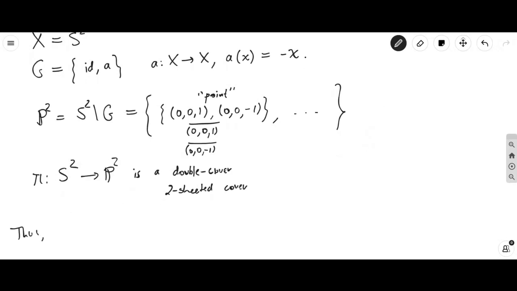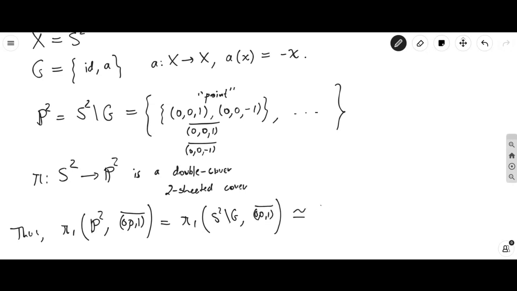So thus, the fundamental group of the projective plane at a certain point, let's say at the north pole, (0, 0, 1), would then be the fundamental group. So it's not even isomorphic, it's actually equal to that, because the projective plane by definition is the quotient. It would be S2 mod G at (0, 0, 1).